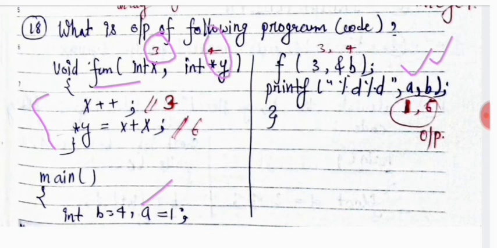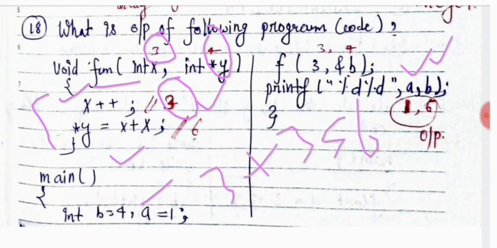Now x++, when we increment the value, we still get x equal to 3. Why? Because in post increment, firstly we use the value and then change it. So the value of x remains 3, and the value of y is going to be changed. Why? Because y = x + x, that is 3 + 3, which equals 6.